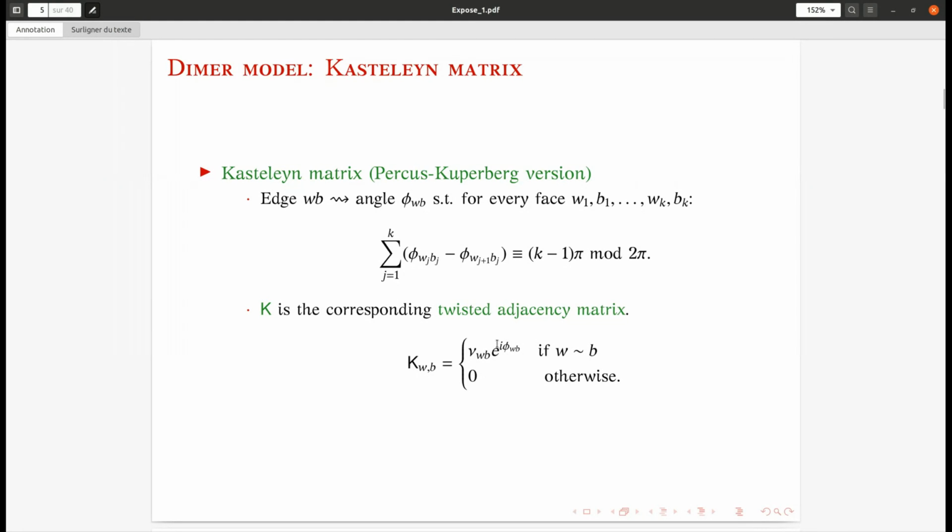So on each edge you have a phase defined as exponential i phi. And you also put, what is important, the weight of your edge, nu WB. Remember, every edge had a weight, so you put the weight of the edge. So it's a twisted, because of these angles, weighted adjacency matrix. And this is the key tool to studying the model, and it was introduced by Kasteleyn in the 60s.